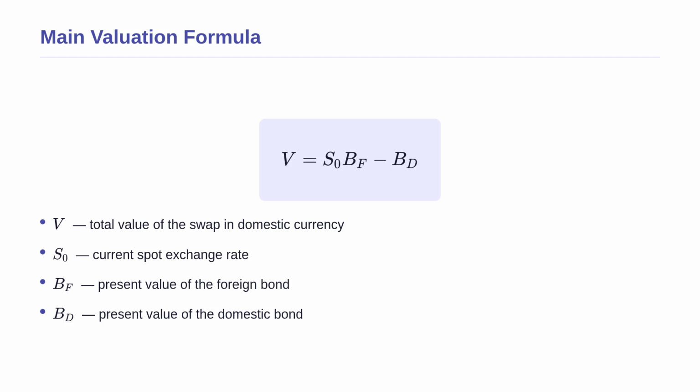Because this is in a foreign currency, we must multiply it by S0, the current spot exchange rate, to convert it into our home currency. Finally, we subtract BD, the present value of the domestic bond, which represents the money you must pay. If the spot exchange rate increases, the foreign currency becomes more valuable, increasing your overall swap value.